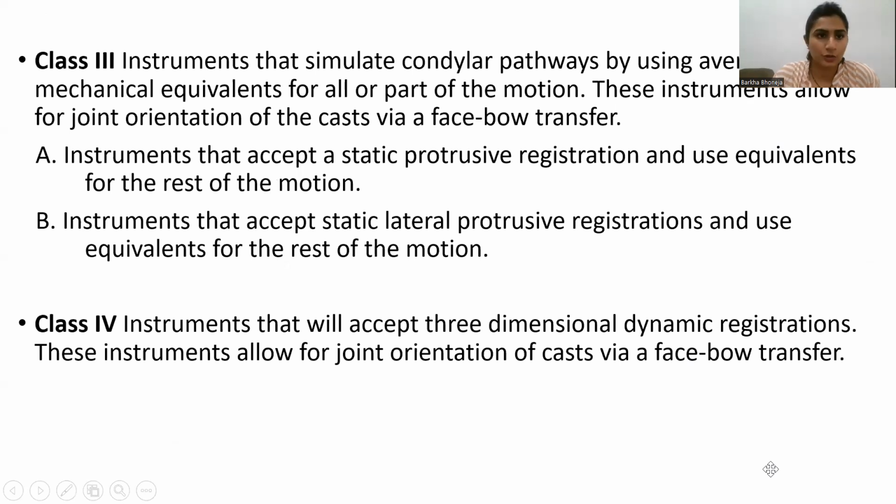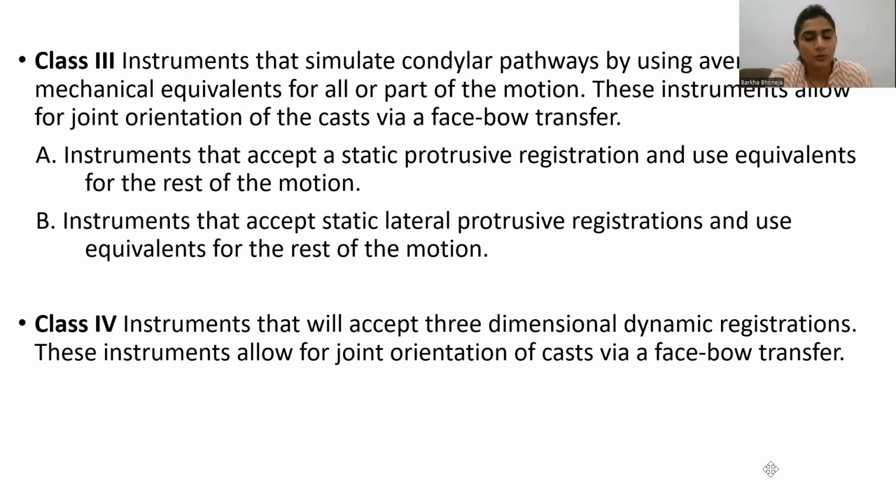These instruments allow for joint orientation of the cast via the face-bow transfer. First, there are five records that can be taken from the patient: the centric relation record, that is the closing of the patient; the protrusive record, the anterior movement of the mandible; the lateral records, the side to side movement; the face-bow record, which orients your maxilla to the base of the skull; and the intercondylar distance, the distance between the two condyles. These five records classify all the articulators.